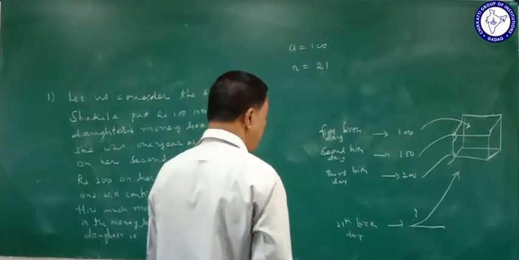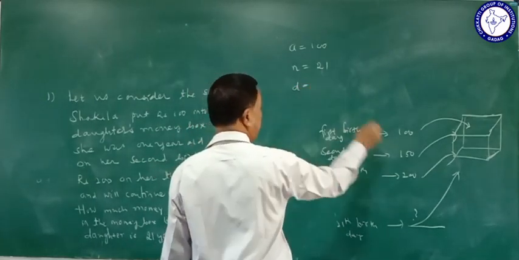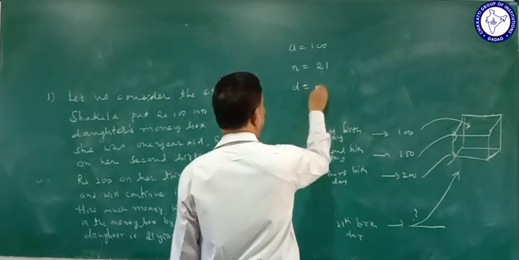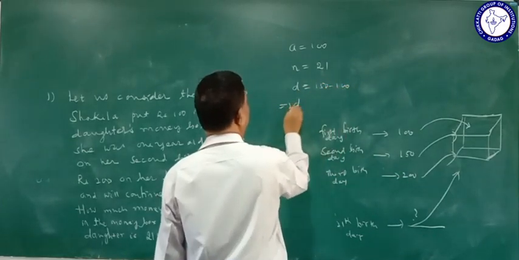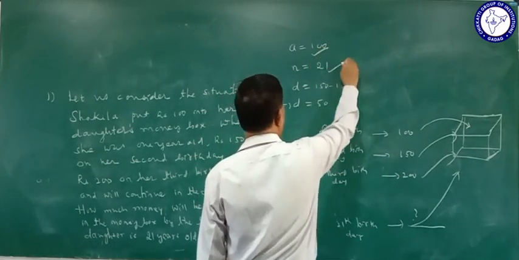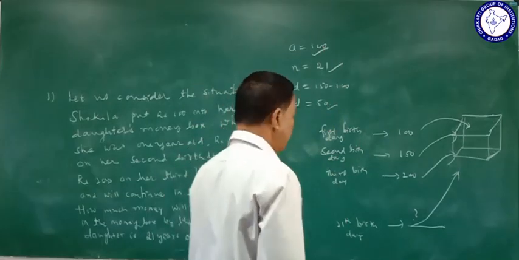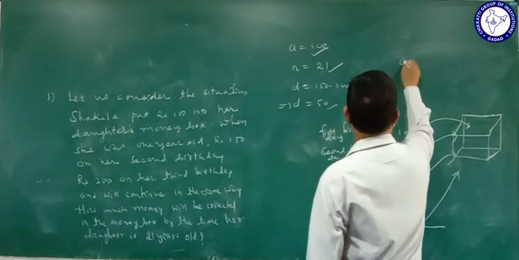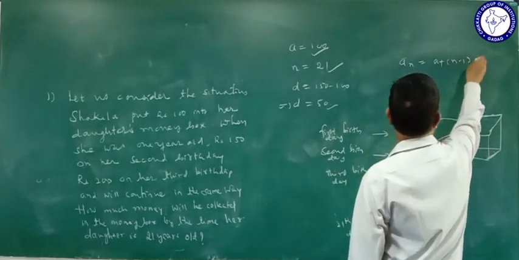And here you have to tell what the common difference is. This common difference is 150 minus 100, that gives d is equal to 50. a is there, n is there, and 50. So first you have to calculate a_n. a_n is equal to what? a plus n minus 1 into d.